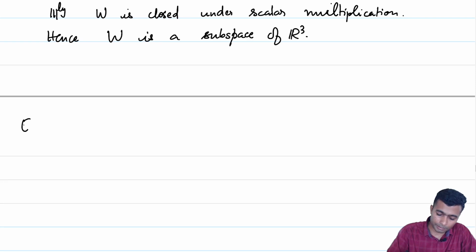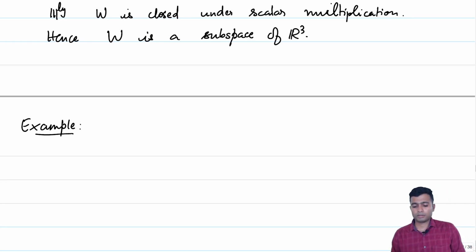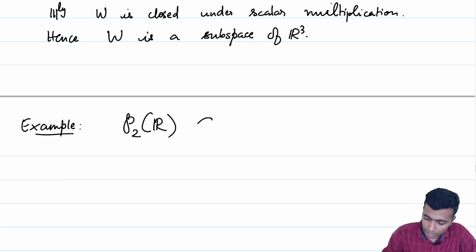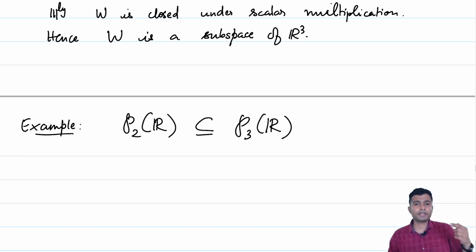Okay, let us look at another example. So, if you look at P2 of R, then it is a subset of P3 of R, right? Any polynomial of degree less than or equal to 2 will naturally be of degree less than or equal to 3. And if you recall how the addition operation was defined in Pn of R, it is just the usual polynomial addition and scalar multiplication.